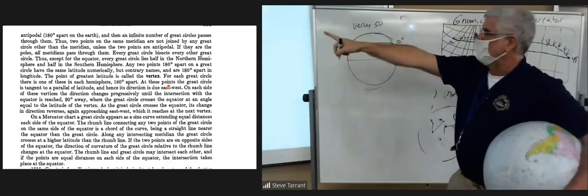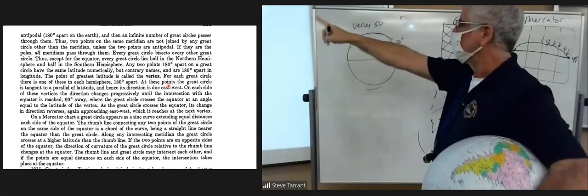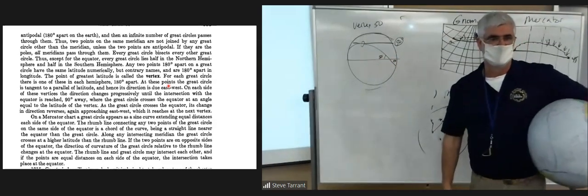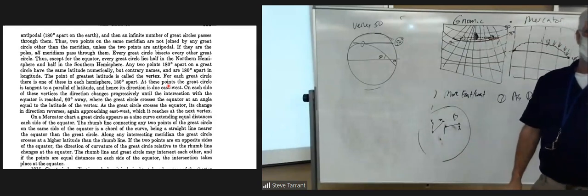If this is 50 degrees north, the angle of the vertex is equal to the angle between the great circle and the equator. So what does that mean? That means that if this is 50, this angle is 50. It also means that this angle is 50. That's crazy.